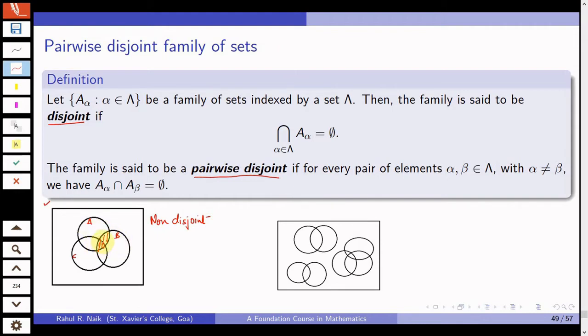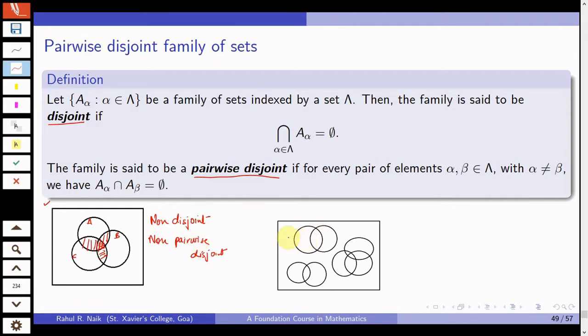This part is the intersection of A and B, so there is a non-empty intersection. If I check A and C, this is the intersection part, and if I check B and C, this is the intersection part. So you see that every pair is non-empty and therefore this is also a non-pairwise disjoint family. So this is neither disjoint nor pairwise disjoint.